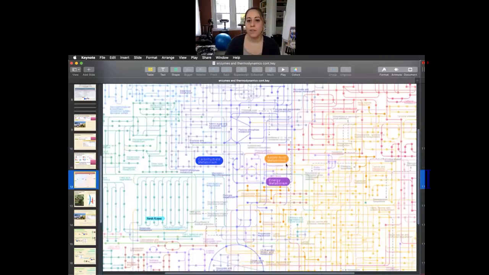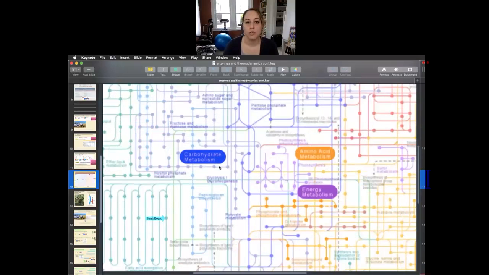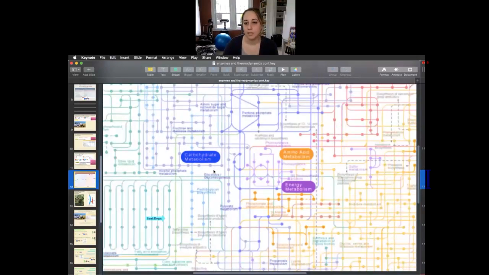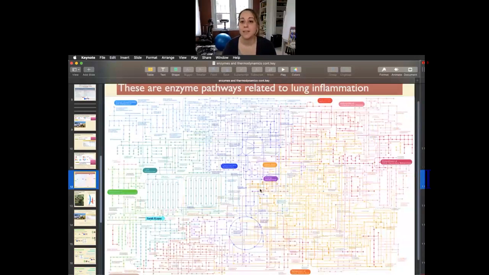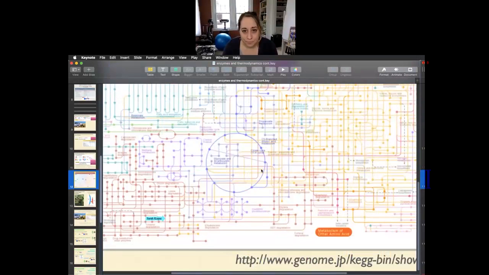So for example, in pink we have energy metabolism. In orange, we have amino acid metabolism, so using amino acids or making amino acids. Carbohydrate metabolism is shown in this blue, so that would be use of sugars or construction of sugars if we needed to construct sugars in order to make, like, an amino acid or something.